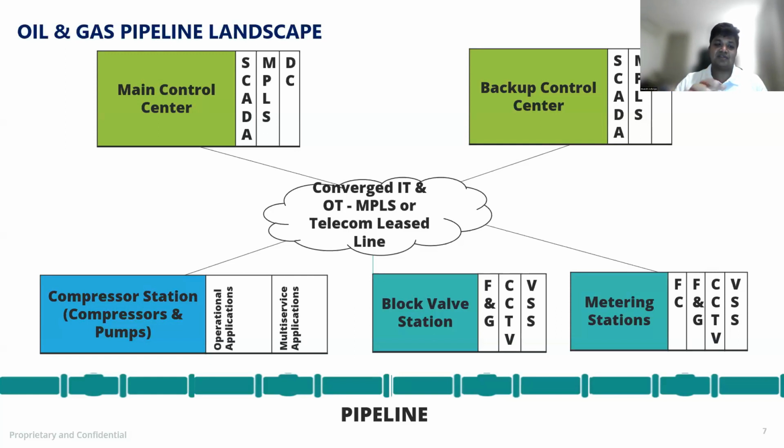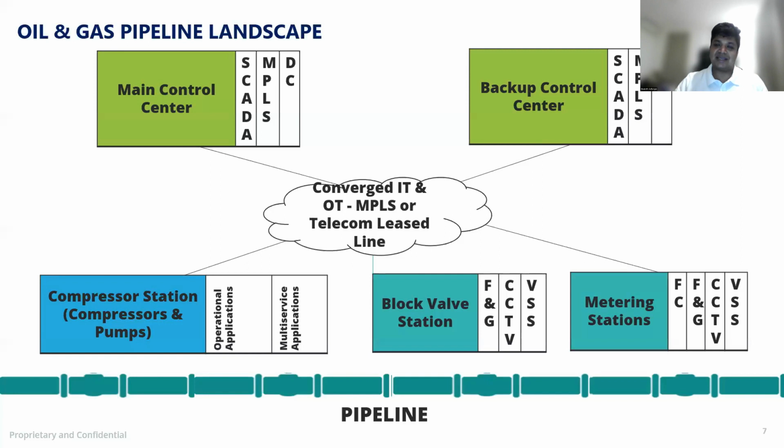In a pipeline infrastructure, you have the compressor station, which has different operational applications, multi-service applications, and you have the block valve stations, which have the fire and gas systems, or process CCTV systems, or the video surveillance system. Then you have the metering stations, which again have the fire and gas, CCTV, and the video surveillance. And these are mainly called the non-SCADA OT infrastructure.